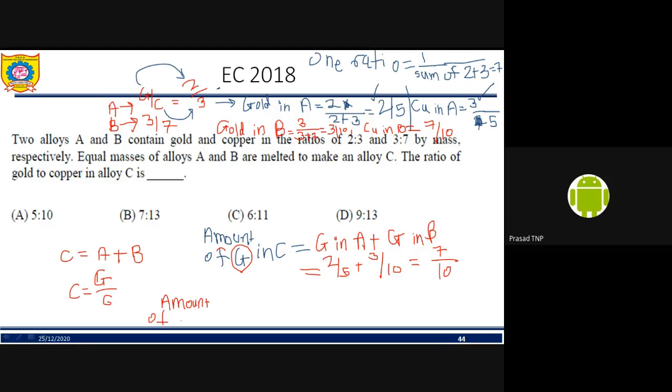Amount of copper Cu in C is equal to copper in A plus copper in B. Copper in A is 3/5 plus copper in B, 7 by 10. If you solve this, it will be 6 plus 7, 13 by 10.